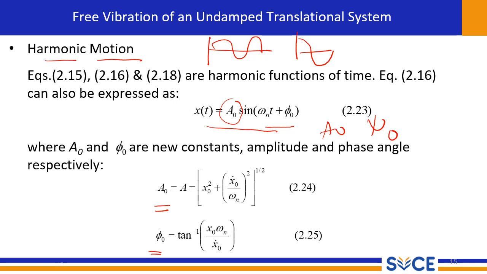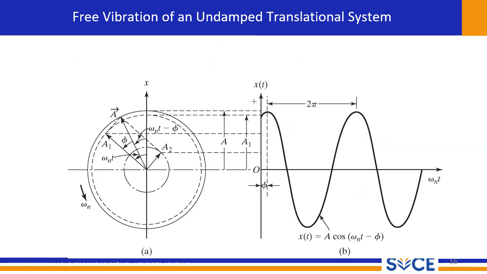The phase angle essentially shifts the sine wave along the time axis, allowing us to match the solution to any initial conditions. This equation shows how to calculate the amplitude from the initial displacement. Similarly, this equation shows how to calculate the phase angle. We have discussed the equations that describe harmonic motion.